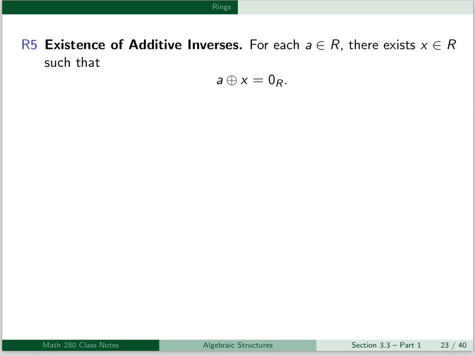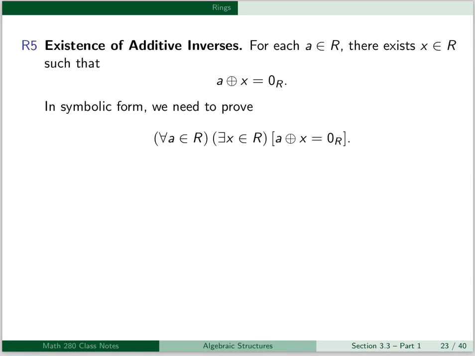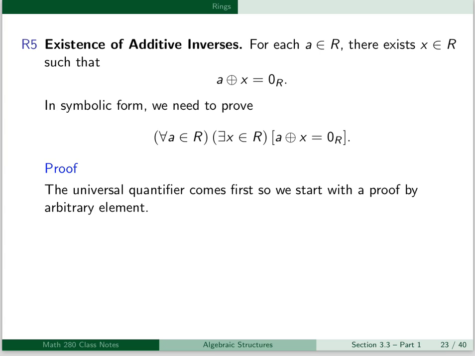Now for R5, existence of additive inverses, we need to show for each a in R, there exists an x in R such that a circle plus x is equal to 0 sub r. In symbolic form, we need to show the statement shown. And for the proof, we have a universal statement.